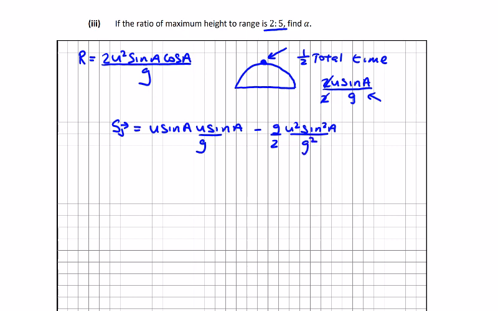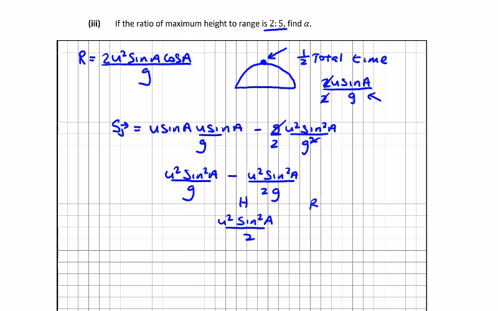If we tidy this up, we get u squared sin squared alpha over g minus, the g and the squared will cancel, u squared sin squared alpha over 2g. So it's like we have a full one and take away a half of one, so we just end up with a half of one. So it's just going to be u squared sin squared alpha over 2g. That's going to be the height.